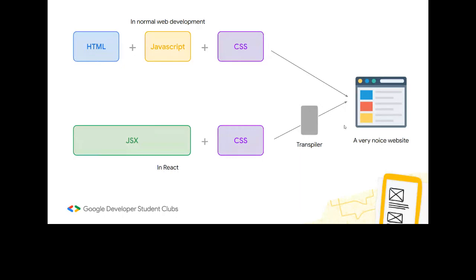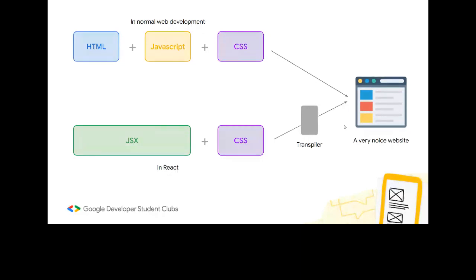So you know that we have HTML, which just defines the basic structure of the website. You have JavaScript, which gives the website some kind of behavior, and then you also have CSS, which is nothing but cascading style sheets. That is, you can use CSS to make your website look really good.